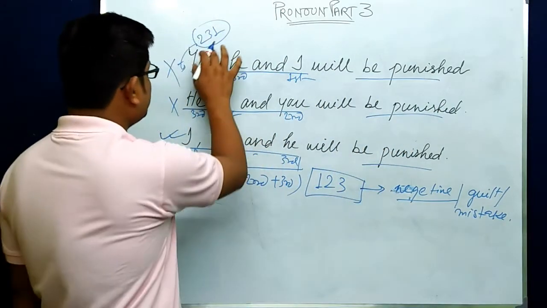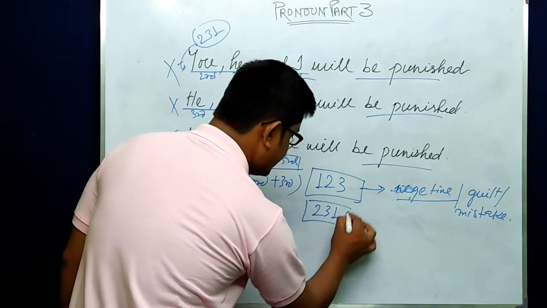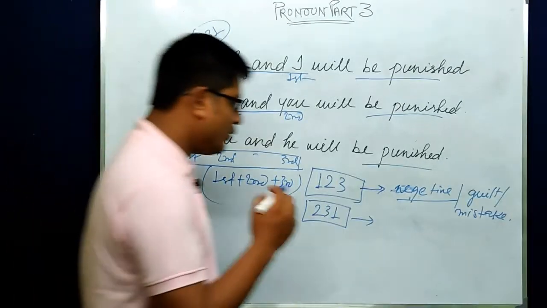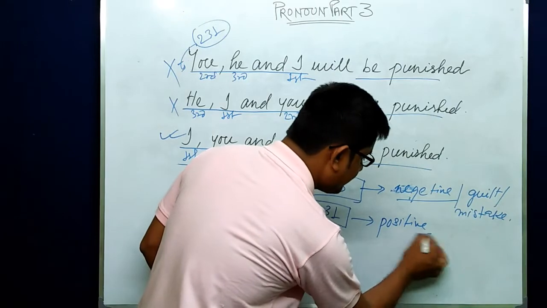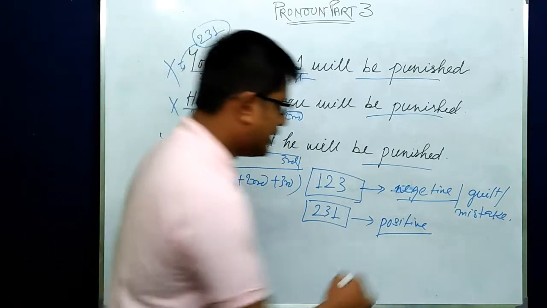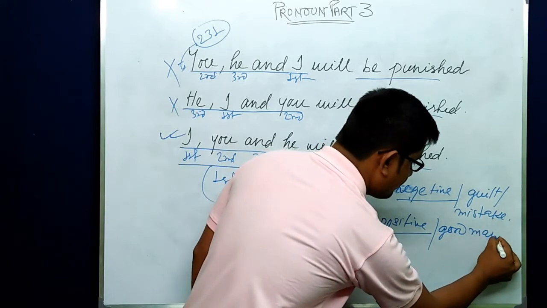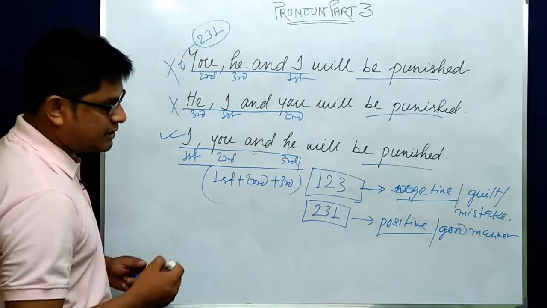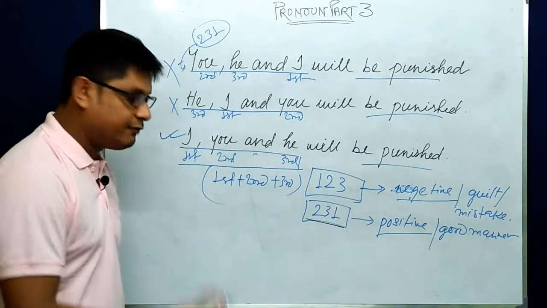But this one, 2, 3, 1, this order of personal pronouns can be used only when it is positive, positive thoughts or anything good manner. So if it is positive and good manner, then always use second person, third person and then first person.